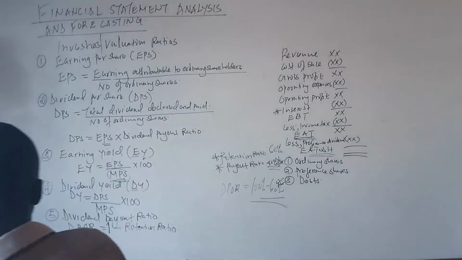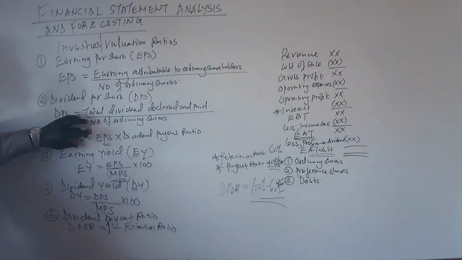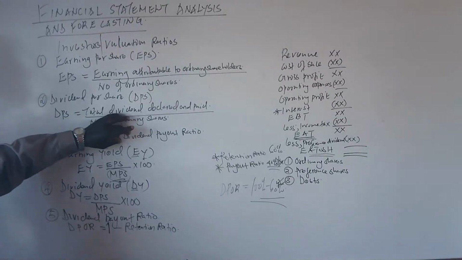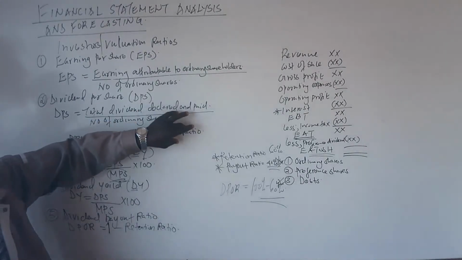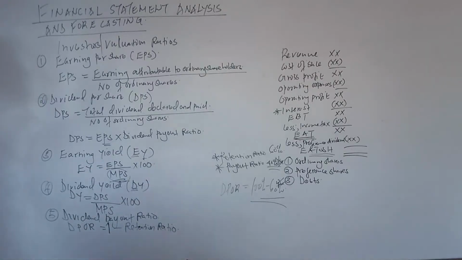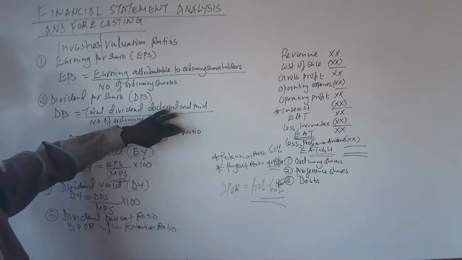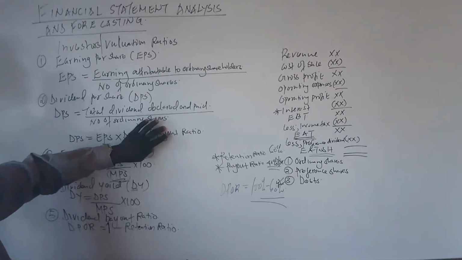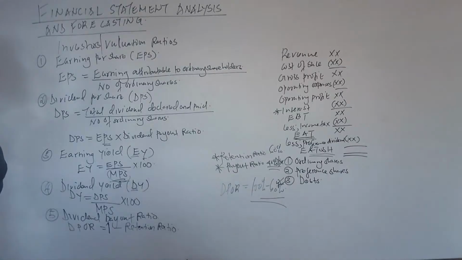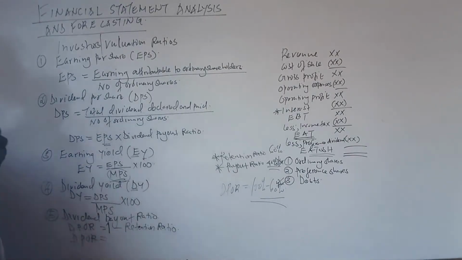Also, we said that for us to get the DPS, we can take the EPS, then we multiply by the dividend payout ratio. So therefore, we can use this and make the payout ratio the subject of the formula, isn't it? What do you think?